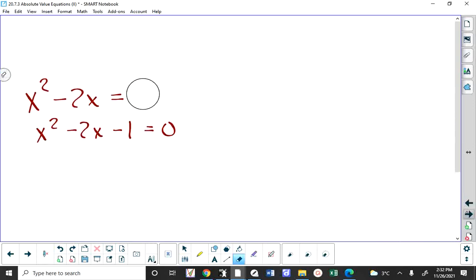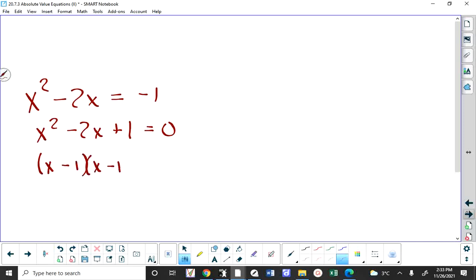Which means when we zero the equation, it becomes this. The way it was would have been non-factorable, and I don't want to start using the quadratic formula here. This factors into x minus 1, x minus 1. So we get x equals 1 or x equals 1.